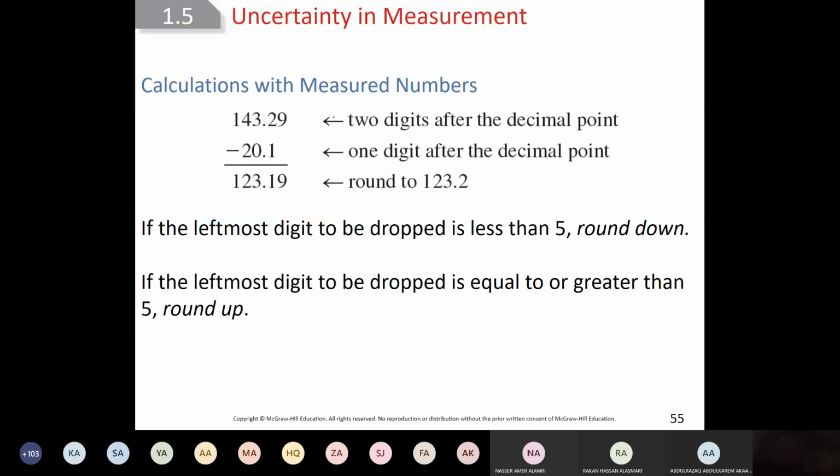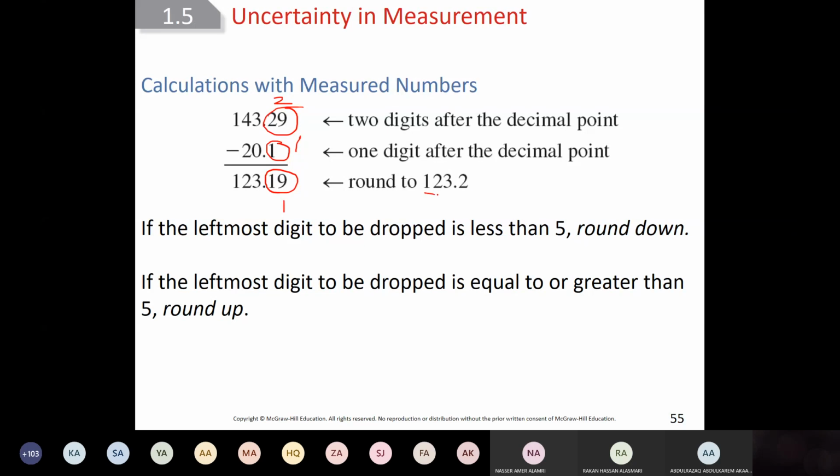Okay, do this. We are going to subtract numbers. What should we do? We write the numbers under each other and put the decimals. Then which significant figures should you count? Only this one. How many do you have here? 2. How many here? 1. Your answer should have how many? Only 1.